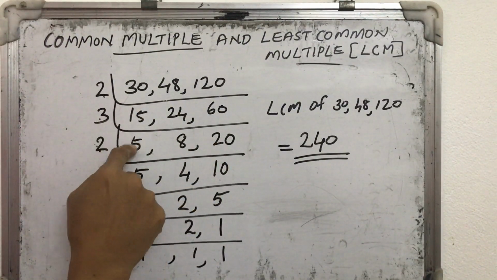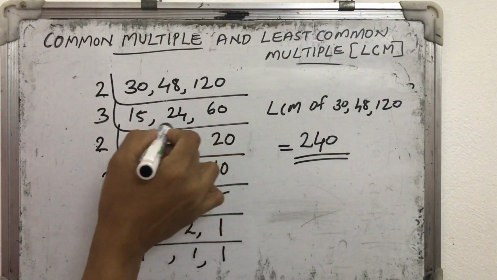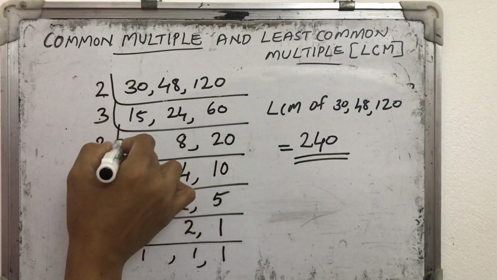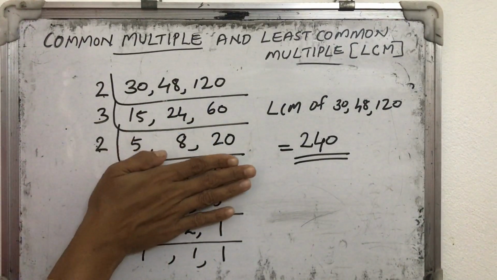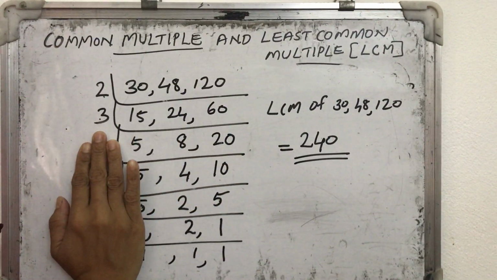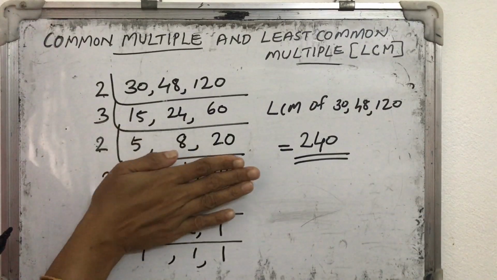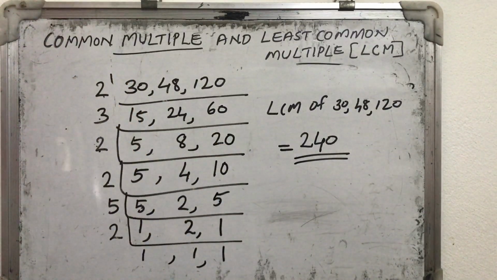Then we will get 5, 8 and 20. Now is it possible to divide all these numbers by any prime number? No, so we will stop there. We stop the division here, not up to this. We get the answer HCF as 2 into 3, 6 only.